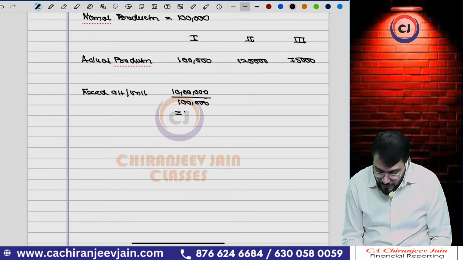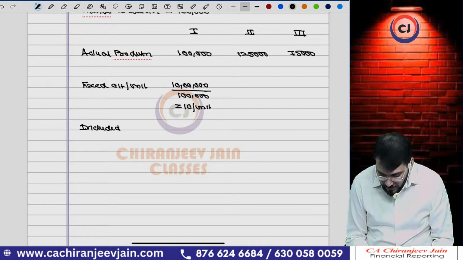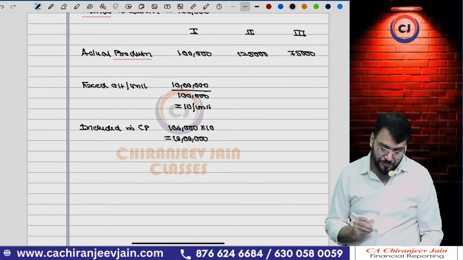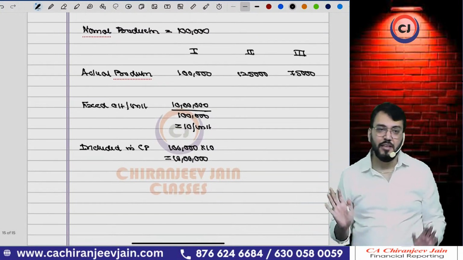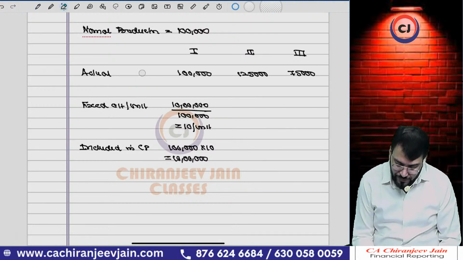It becomes 10 rupees per unit. So how much is included in cost price? It is 1 lakh into 10, means 10 lakh, means the entire cost has been included. Correct only. Nothing wrong.